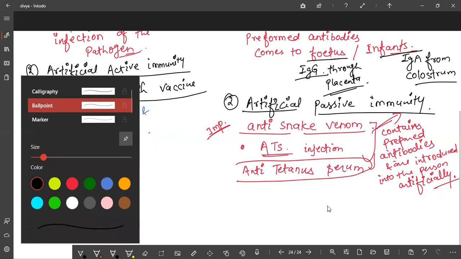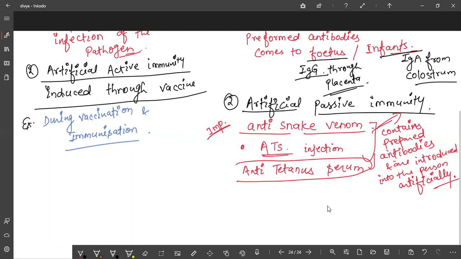One more thing: the topic is vaccination and immunization. So when questions come like differentiate between active immunity and passive immunity, you can write it point wise and you will score full marks. Is it clear to you? So today we will discuss one more topic, that is vaccination and immunization.